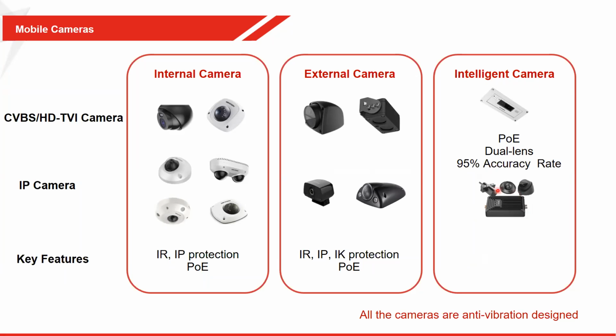Again, all our cameras are designed to be anti-vibration, so this will give you a much better image in your control room. So these are designed to go into a vehicle. So you may think, I can take a normal IP camera and put it into my vehicle and drive. No, after 30 minutes, that camera is basically going to disintegrate because a normal IP camera isn't robustly made for constant vibration.